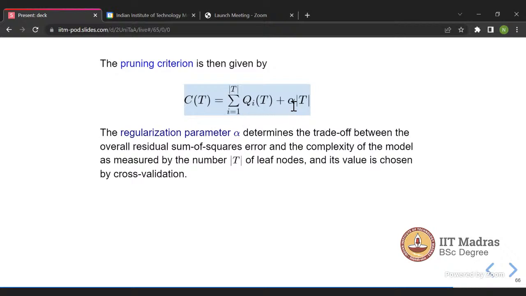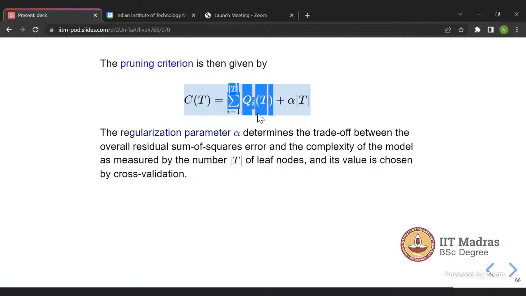If you choose alpha to be 0, and we want to minimize this expression, this is the error corresponding to all the leaf nodes. So if alpha is 0, then we want the tree to be grown large to minimize this term. Remember, because if we split our tree up to the maximum depth, then the error will be lesser, so this term is going to be lesser.